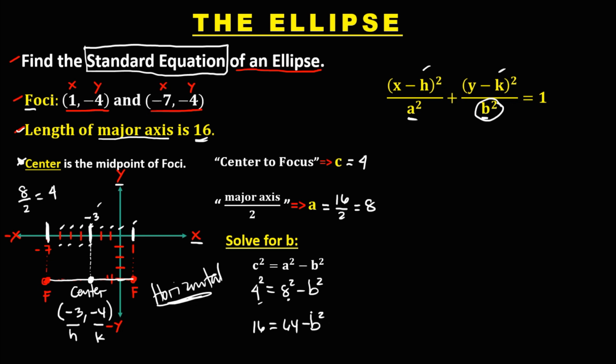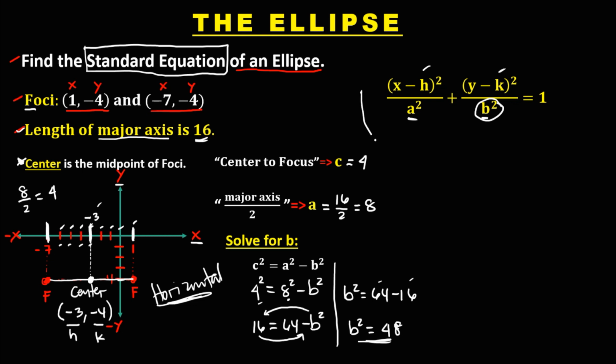Then to solve for b, transpose b squared to the other side, and the positive 16 to the other side. So b squared equals 64 minus 16. Then 64 minus 16 is 48. Therefore b squared is equal to 48.